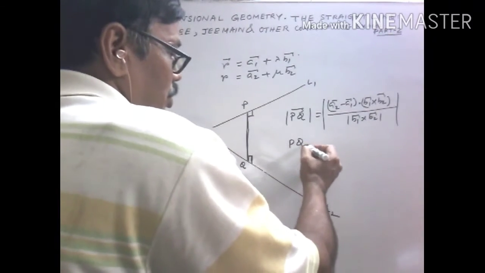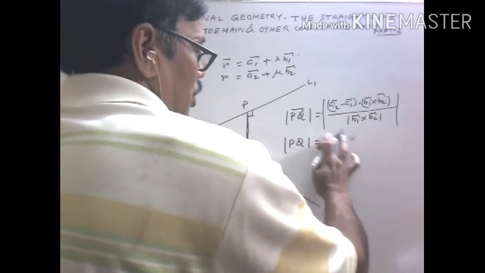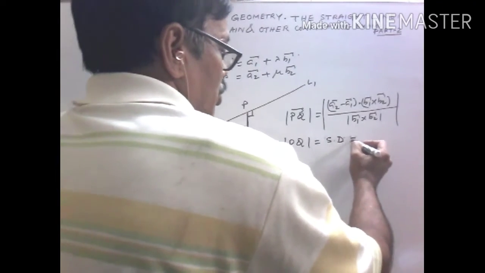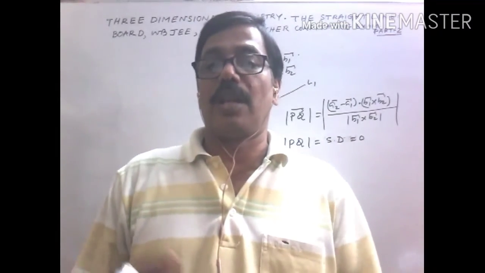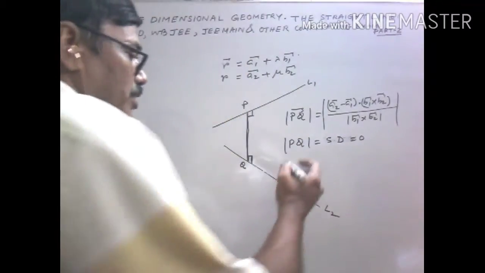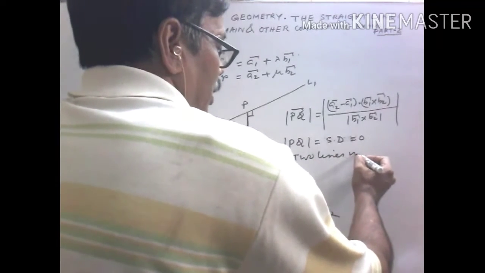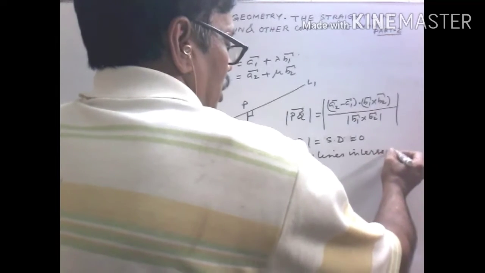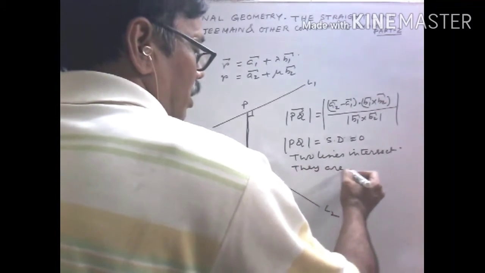If PQ equals 0, that is, the shortest distance is 0, then the two lines intersect, meaning they lie in the same plane. That is, the two lines intersect. If two lines intersect, they must be coplanar.